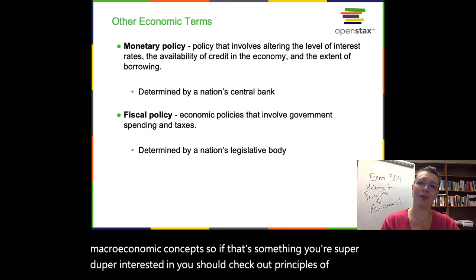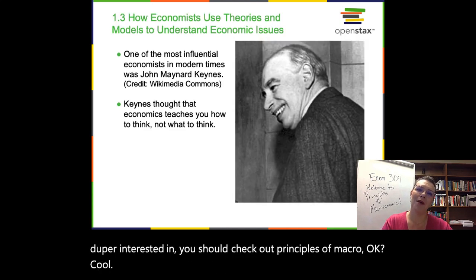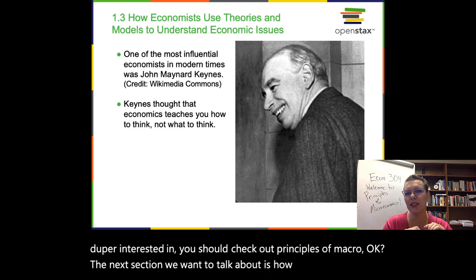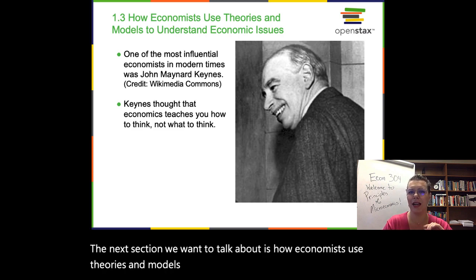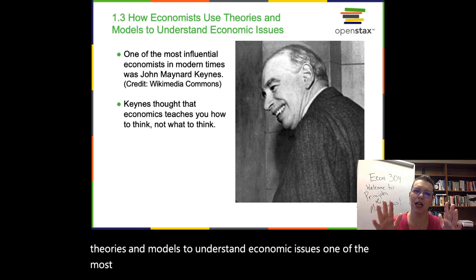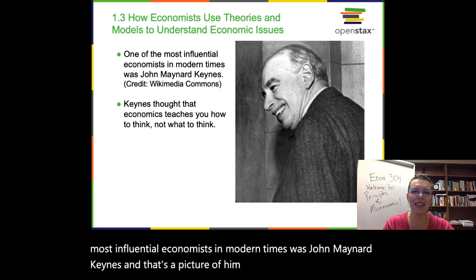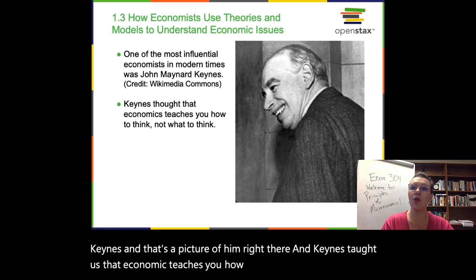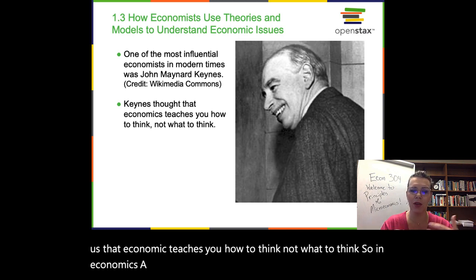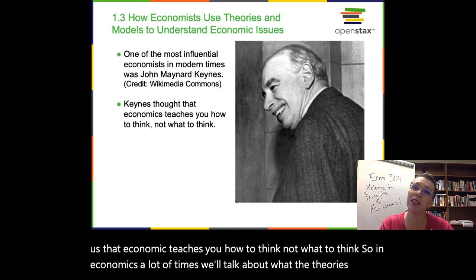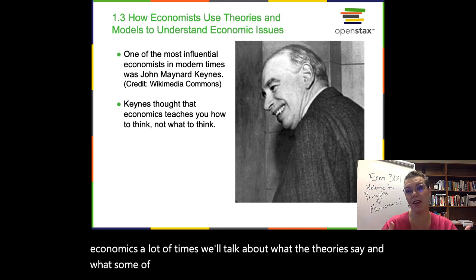Okay? Cool. The next section we want to talk about is how economists use theories and models to understand economic issues. One of the most influential economists in modern times was John Maynard Keynes, and that's a picture of him right there. And Keynes taught us that economics teaches you how to think, not what to think. So in economics, a lot of times we'll talk about what the theories say and what some of the research or evidence might say.